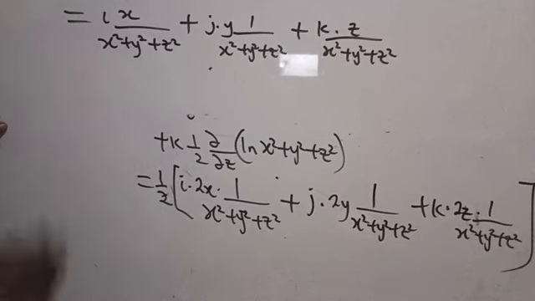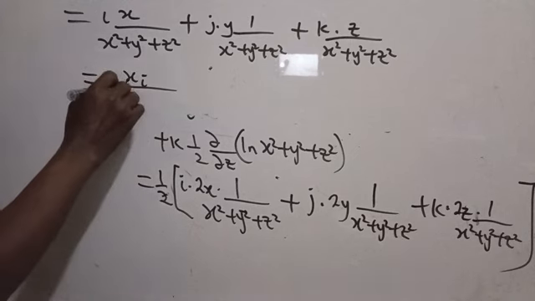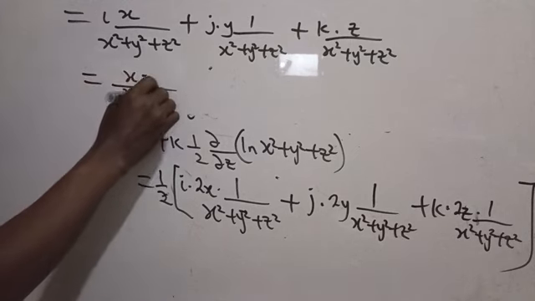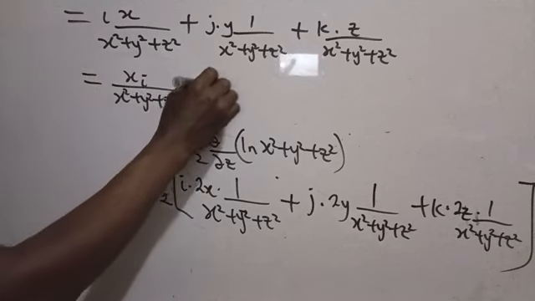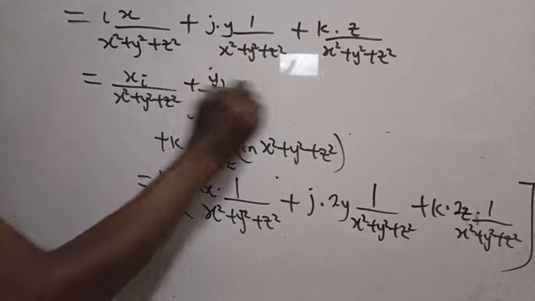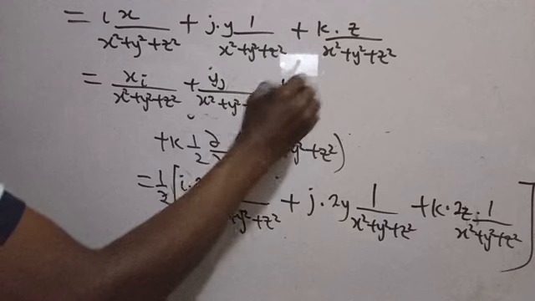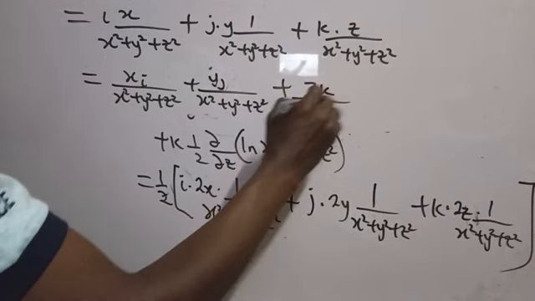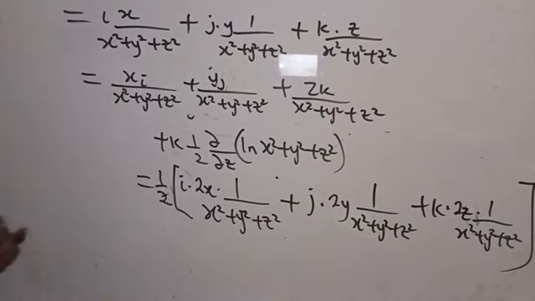So the next thing now is to expand directly. So we have xi all over x squared plus y squared plus z squared. It will be proper to write xi, not ix. Plus yj all over x squared plus y squared plus z squared, plus zk all over x squared plus y squared plus z squared.